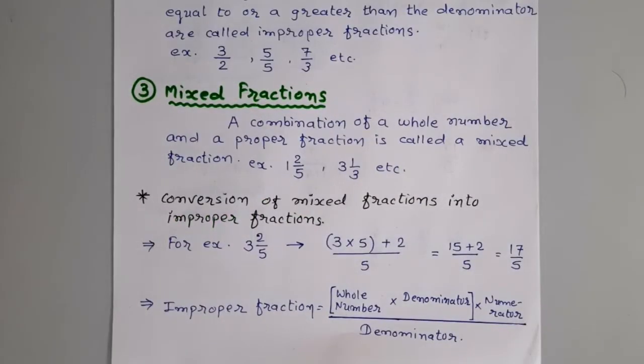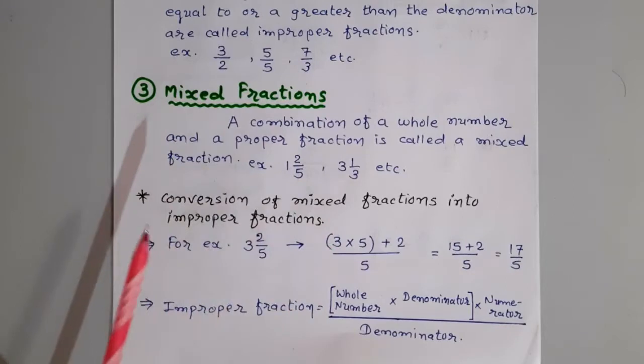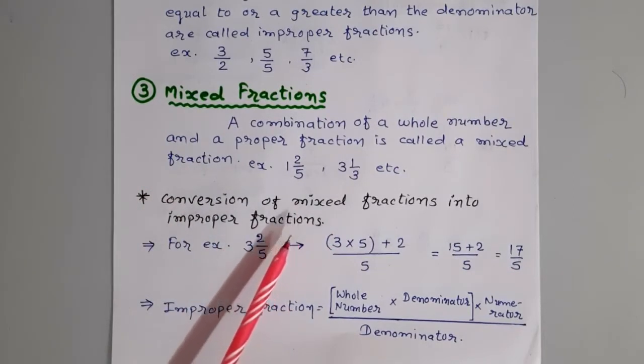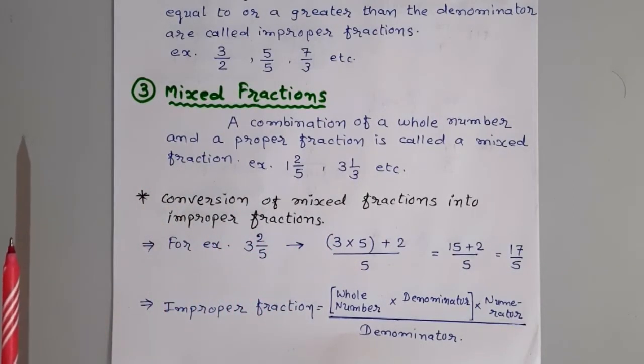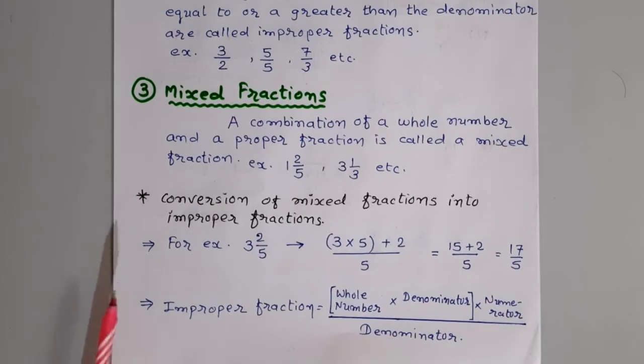So we have to learn conversion of a mixed fraction into an improper fraction, so that it will be useful to calculate the simplification of various examples in further studies. For example, 3 integer 2 upon 5.